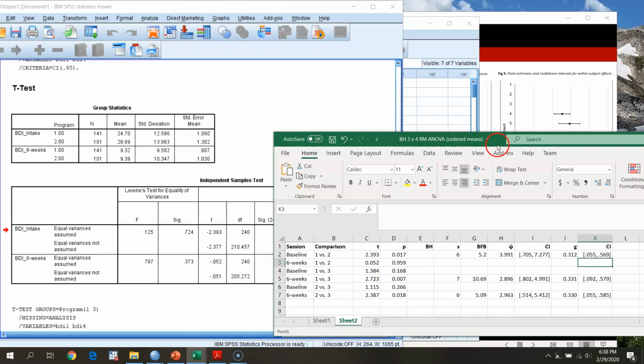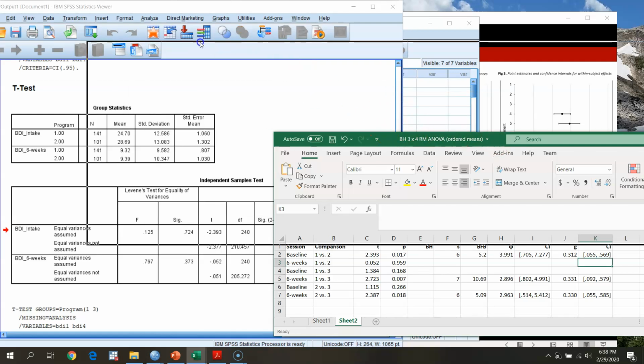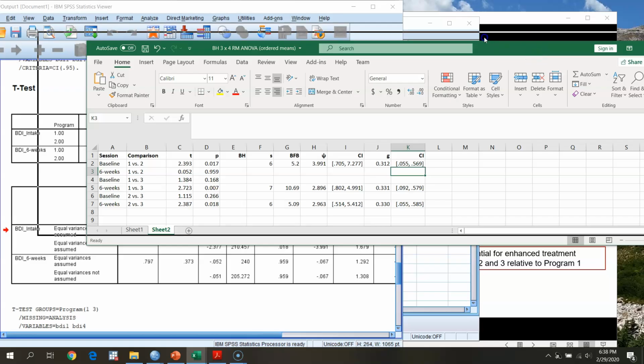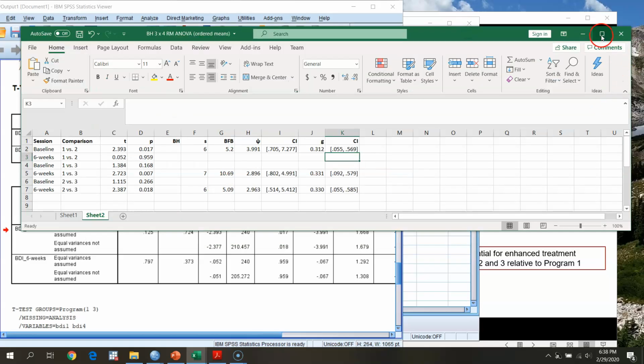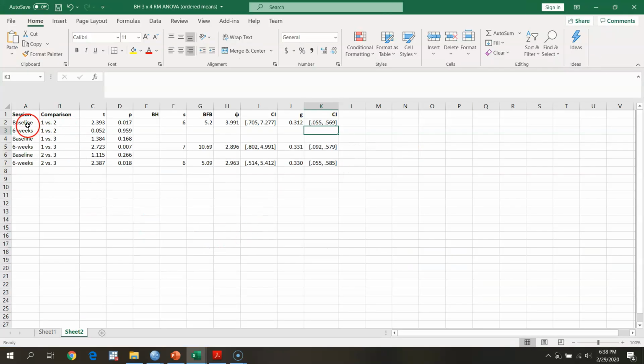What we've got now is my Benjamini-Hochberg table, where I've got all of my comparisons. I've put in some additional statistics for things that might come up as relevant.